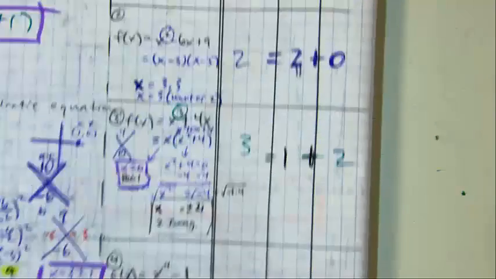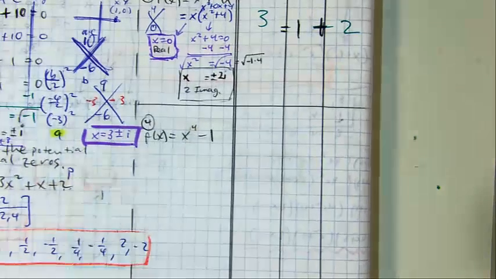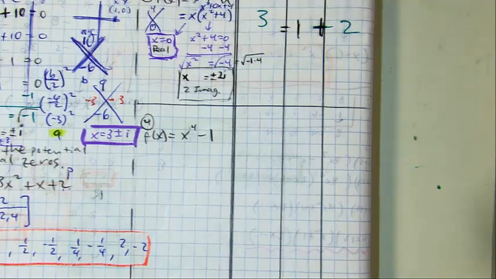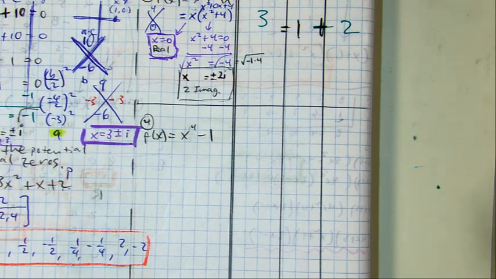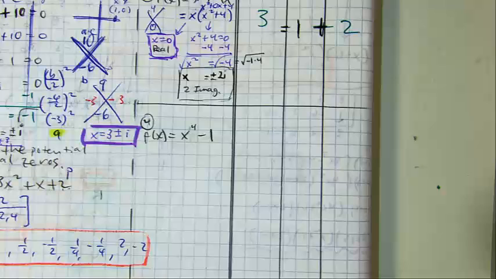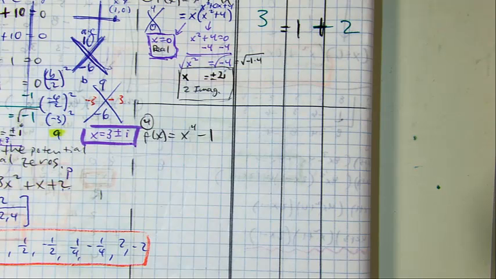Alright. Special winner for number 4. Cameron. Where's the 0? If I asked you where's the 0, what would you say?